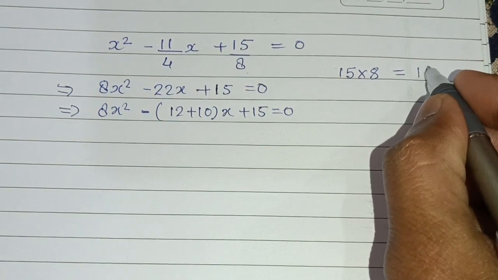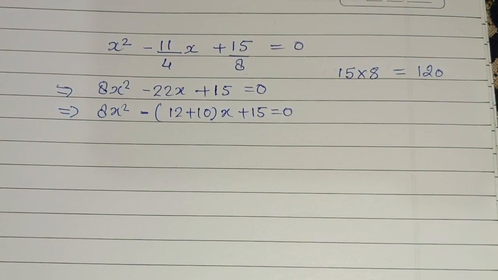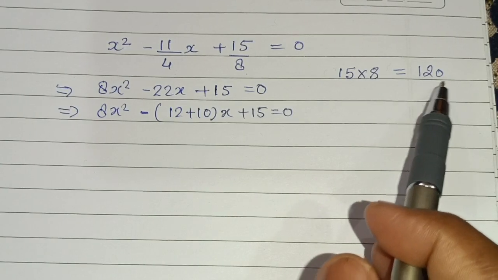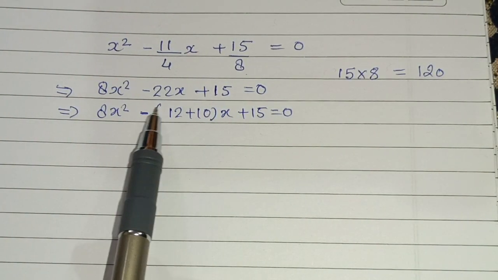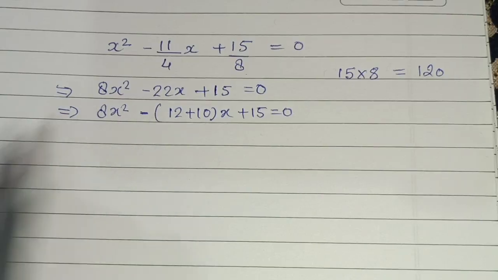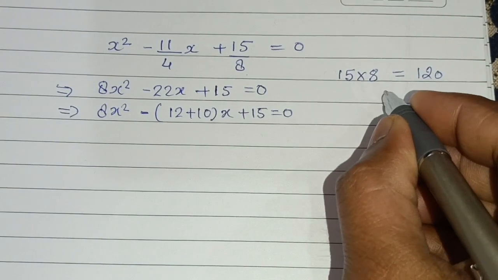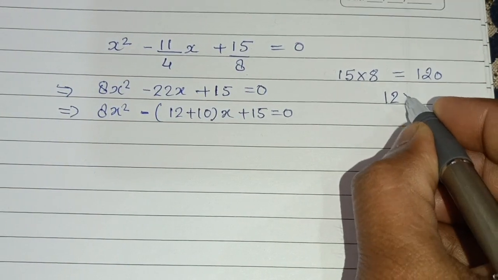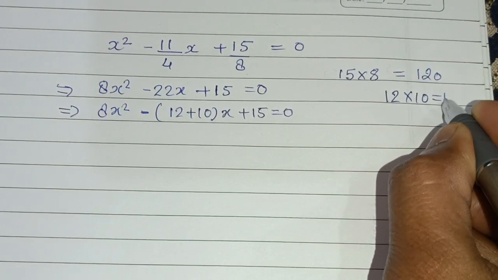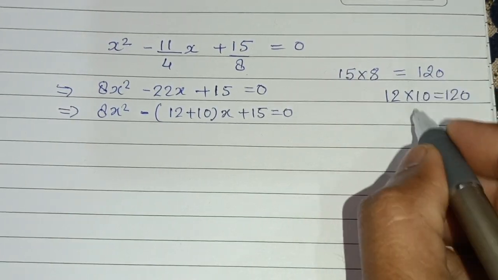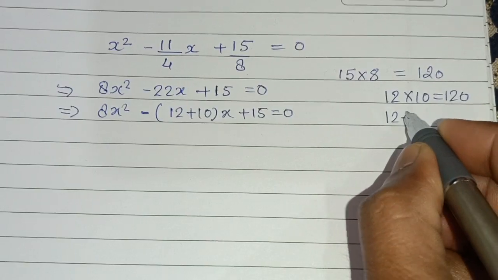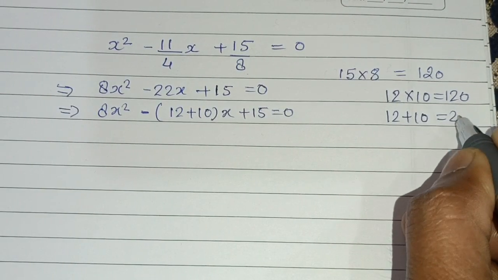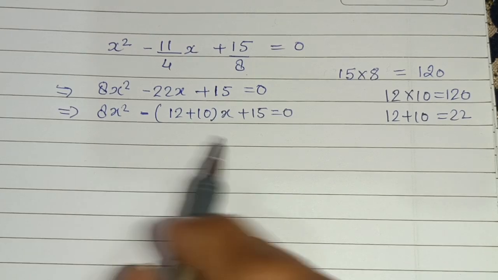That is 120. और 120 को ऐसे हम फैक्टर बनाते हैं कि उनका जो सम हो क्या हो, 22 है. ठीक है, तो 12 और 10 को मल्टीप्लाई करेंगे तो 120 आएगा, और इनको सम करेंगे 12 प्लस 10 को तो आपको मिलेगा 22. ओके, सो यही मैंने किया है.